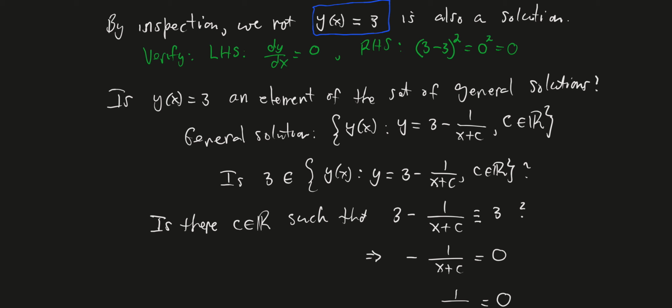And these are the types of functions that we describe as singular solutions. They satisfy the differential equation. That's what the green work here is showing us: we do have a solution, but that solution is separate and apart from our general solution.